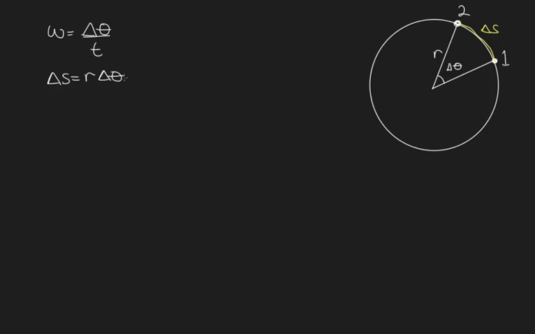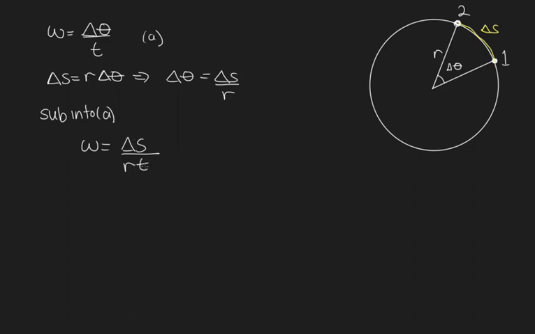And so what we can do is rearrange this part to give us that delta theta is equal to the arc length over the radius, and we can now substitute this back into this equation. So let's call this one equation A. So we can substitute into A. And so we've got omega is equal to delta S on r t.